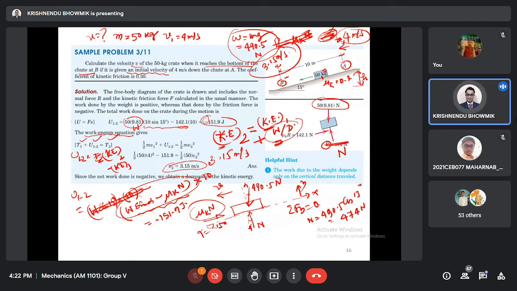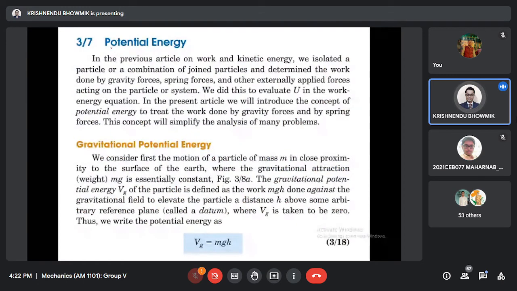If you subtract the friction force, you can see that the friction force is a higher value than the potential energy it will get for a height of h. Is this problem clear?